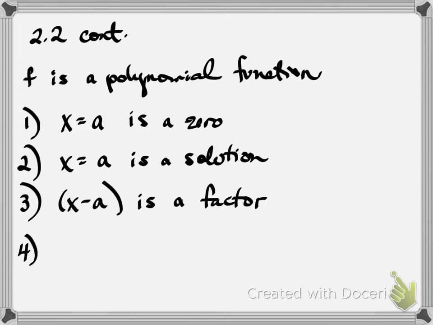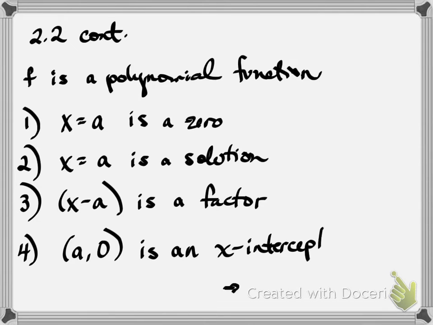And (a, 0) is an x-intercept. And in this section, they're going to give us one of these forms, and we are going to be able to find the others if needed.